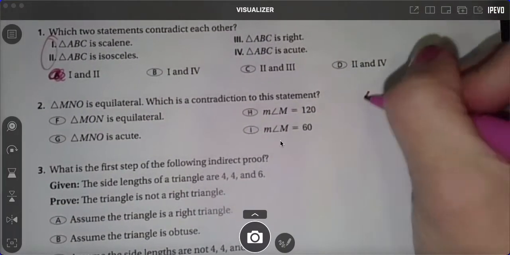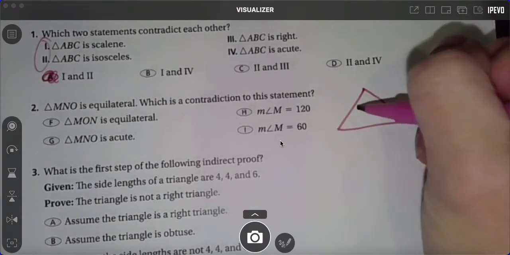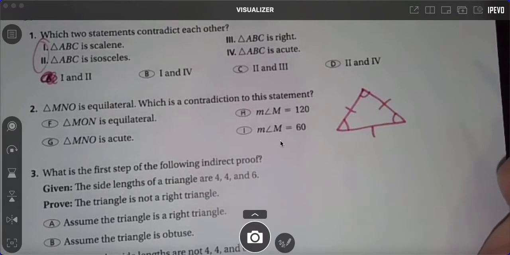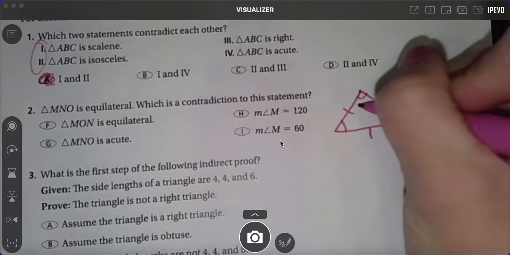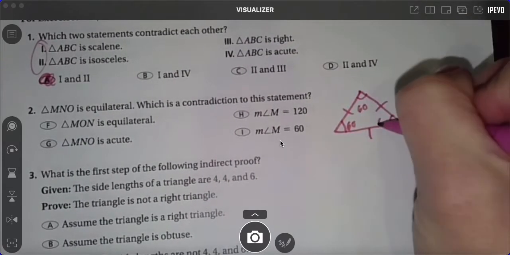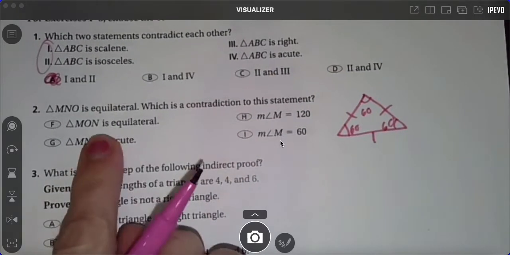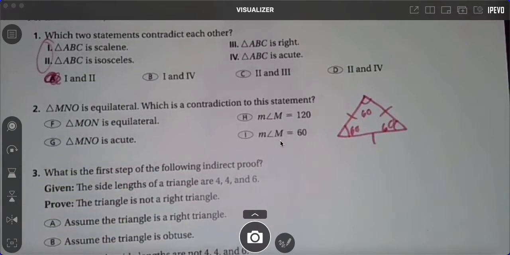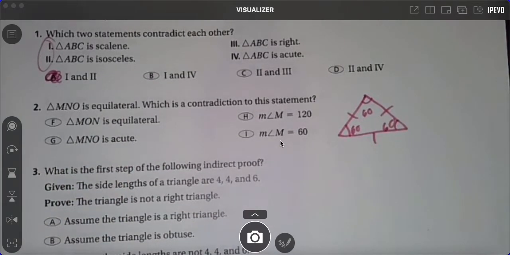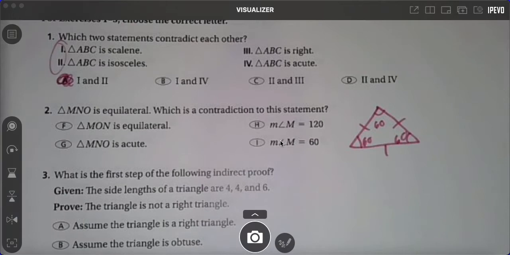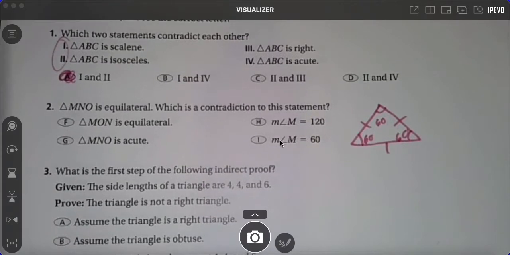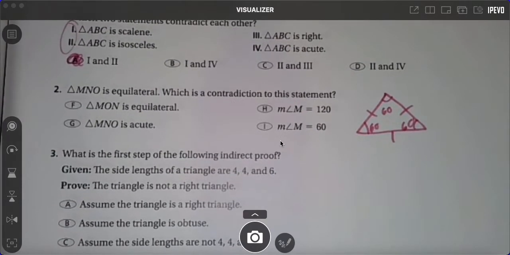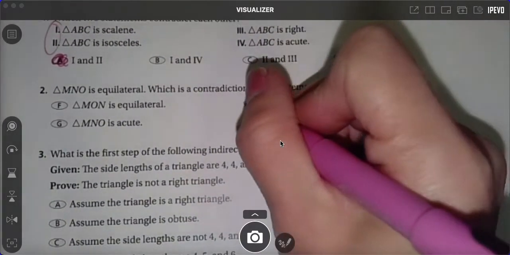Remember, if all the sides are equal, then all the angles are equal. 180 divided by those three angles is 60, 60, 60. So if we have this equilateral triangle, what can't happen? H. Angle M can't equal 120. That's going to be your answer.